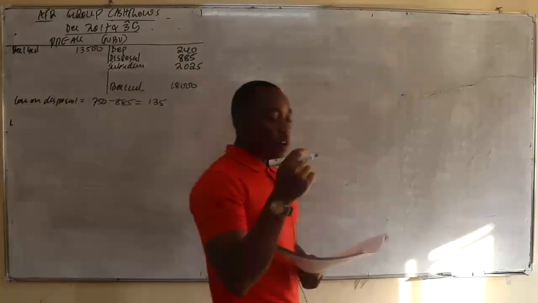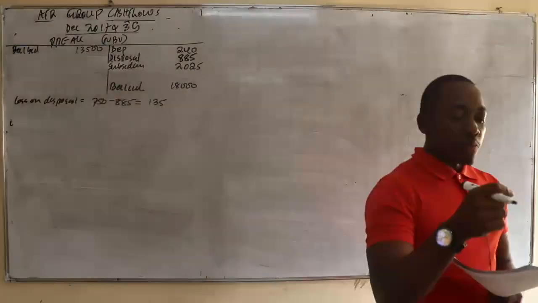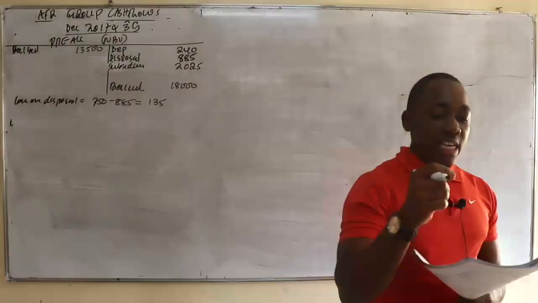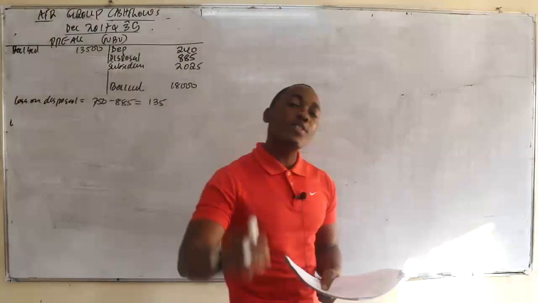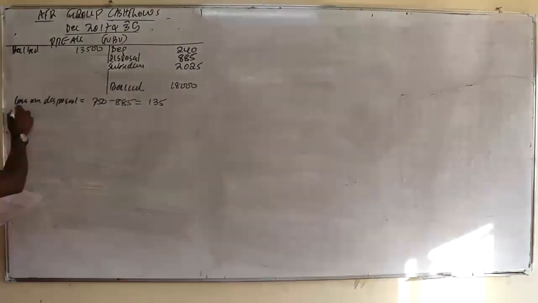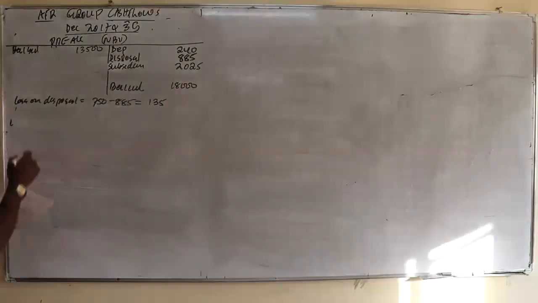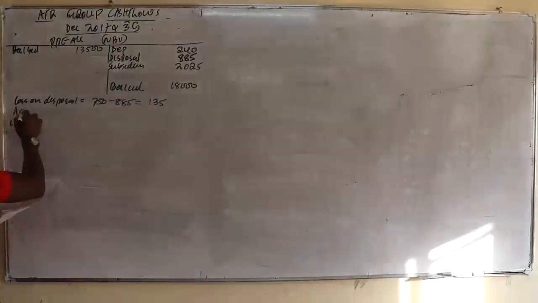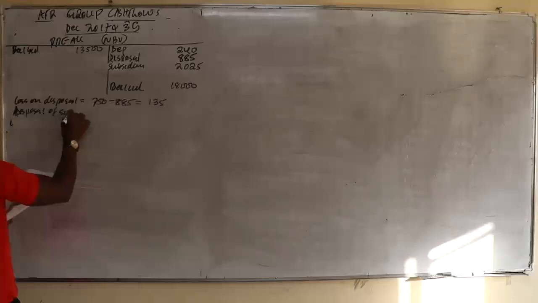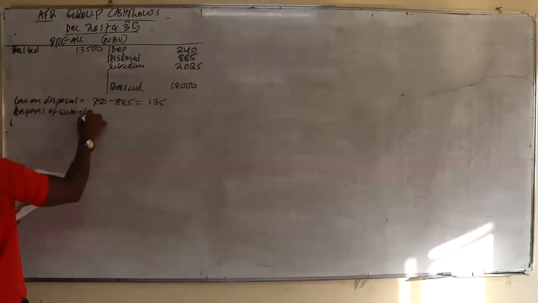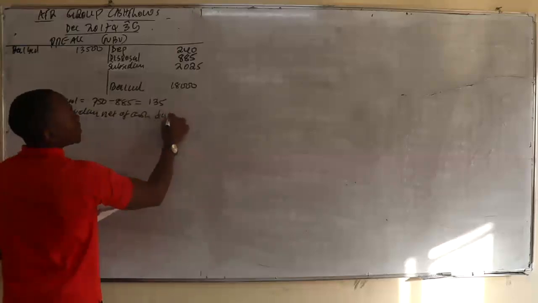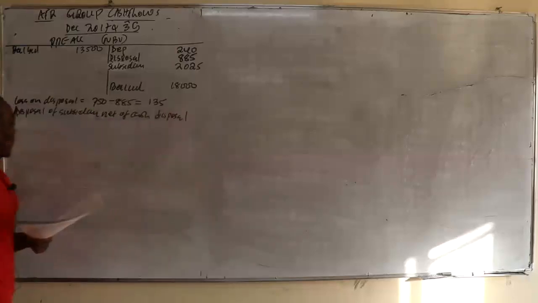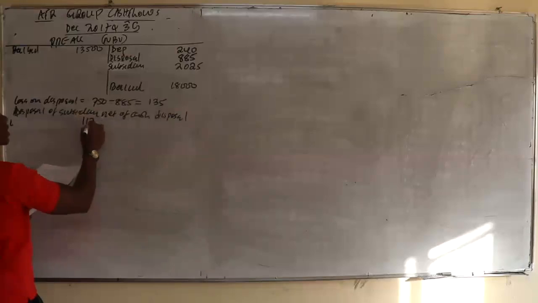Can you read number 3? On 1st August 2017, the group disposed of an 80% owned subsidiary for how much? 1170. So the question is, it's disposal of subsidiary net of cash disposed. We disposed of the subsidiary for how much? 1170.